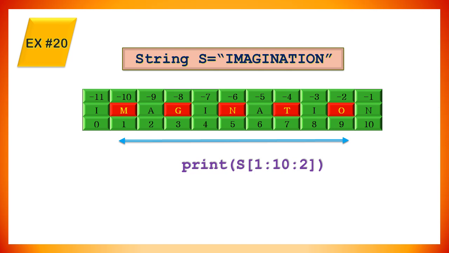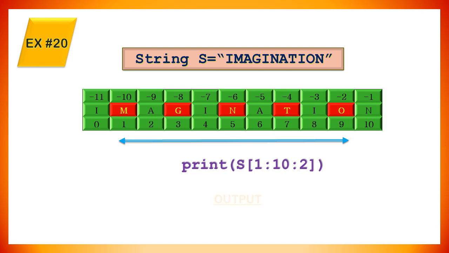How is it coming? The first index is 1. So add 2, the step value, with index 1. So 1 plus 2 is 3. So current index is 3. Again you add the step value 2. So 3 plus 2 becomes 5. Next index. Again 5 plus step value, that is 2. 5 plus 2 becomes 7. So like this, from each index the step value is added to generate the next index.